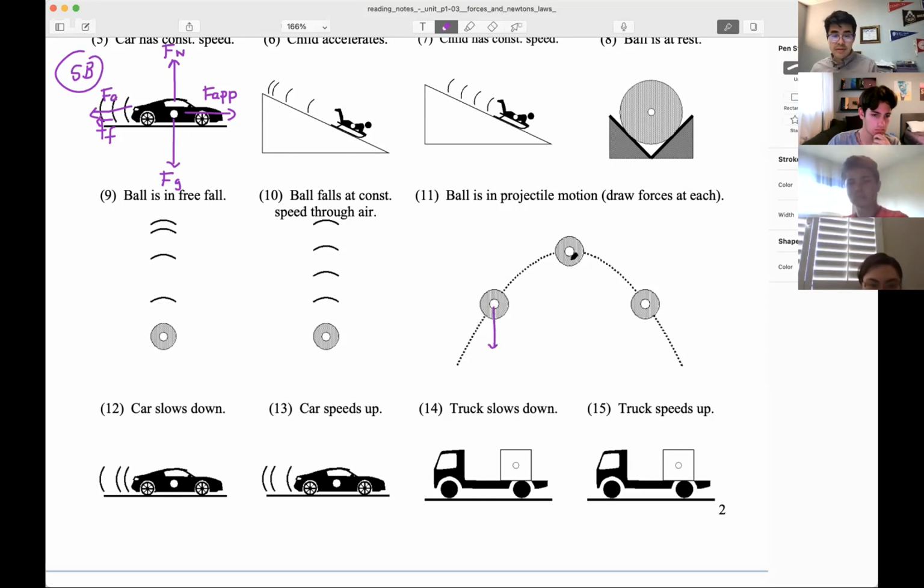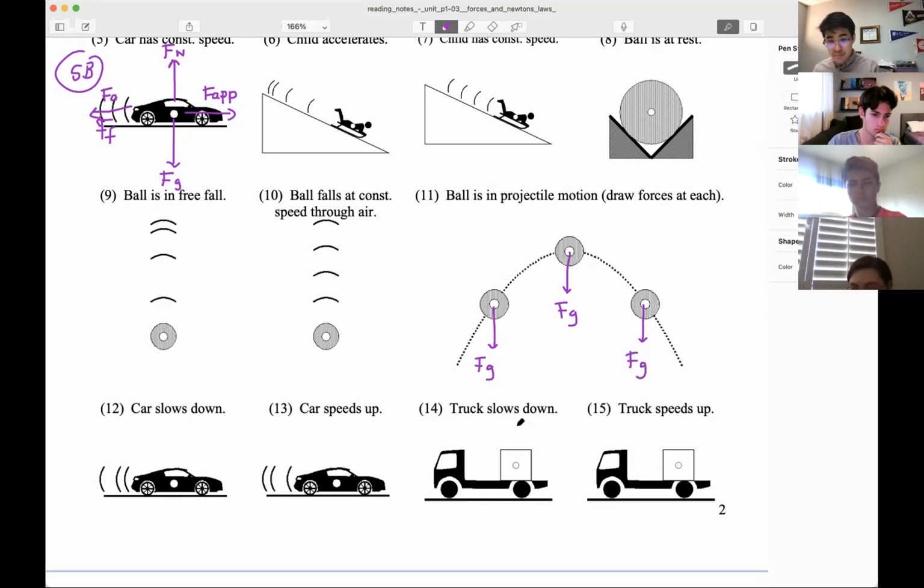Are the arrows the same size or different size? It'd be the same. All the arrows should have the same gravitational force because gravity technically hasn't changed and their masses haven't changed. Are there any other arrows I need to draw, Tiffany?